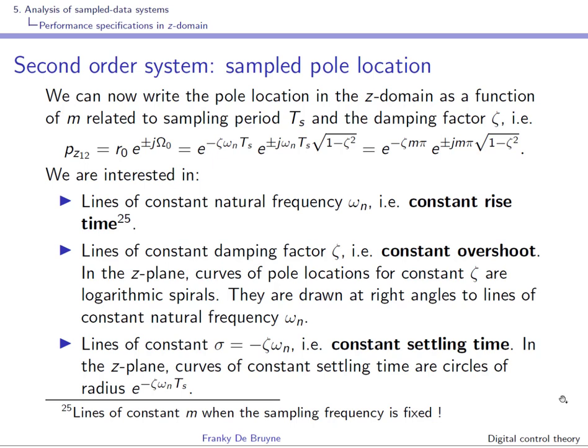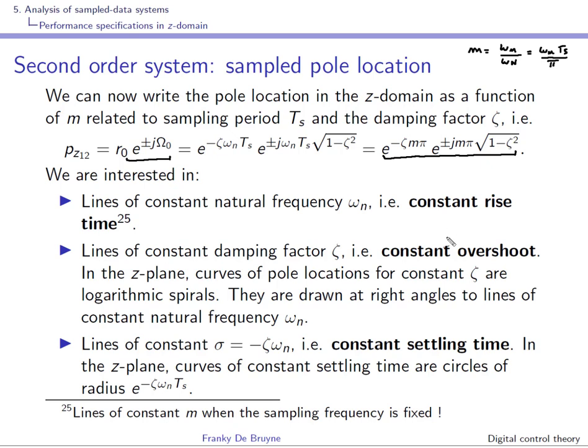After sampling, the dominant second order poles are transformed to poles in the Z domain that can be written in polar form as follows. And here zeta is the damping factor, and m is the natural frequency divided by the Nyquist frequency. So this can also be written as omega n Ts over pi.